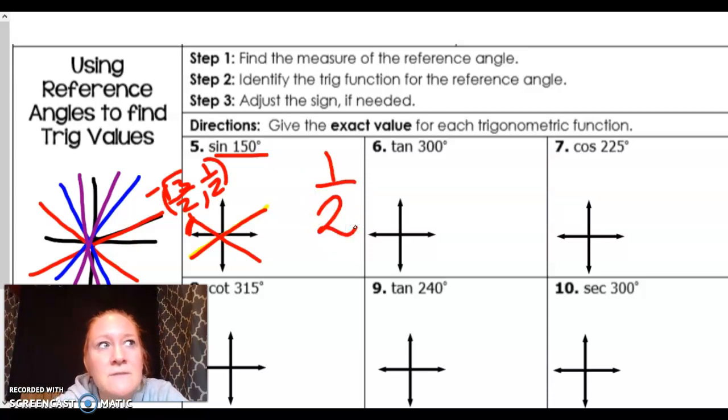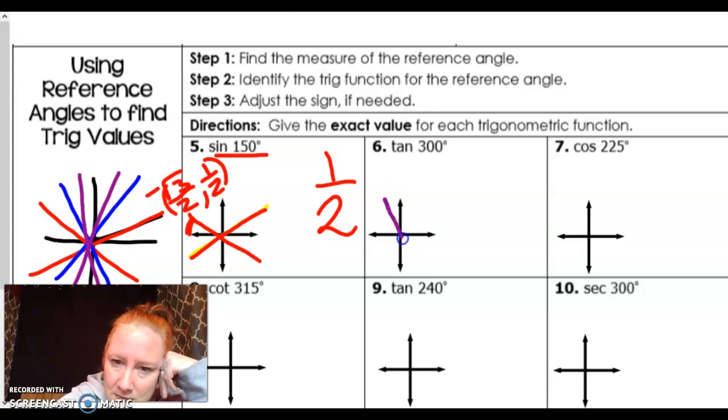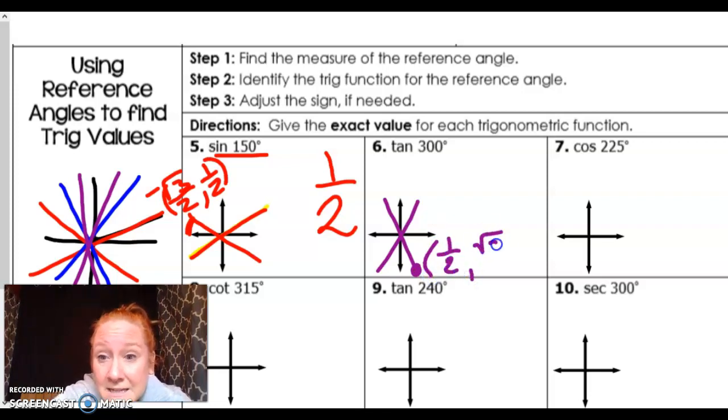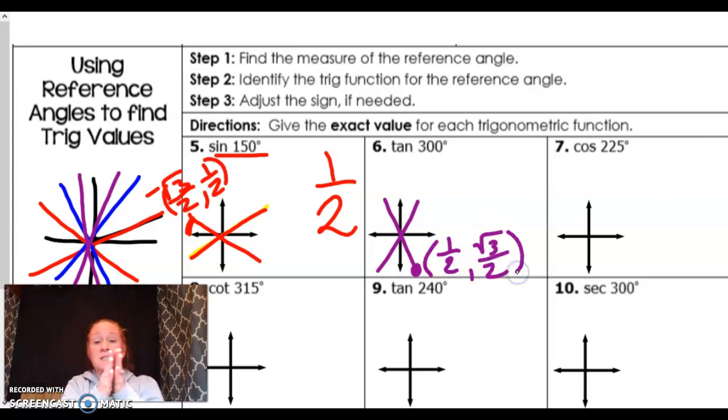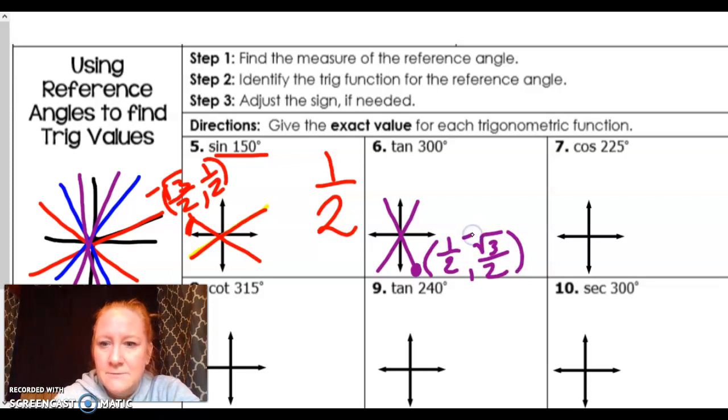Next one, tangent of 300. Well, that's 60 away from 360, so that's a 60-degree angle. My 60s look like this, so it's going to be this one down here. I know my 60s are 1/2 and square root of 3/2, because it's shorter in the x direction than it is in the y direction. One of those is going to be negative: the 1/2 is positive, square root of 3/2 is negative.